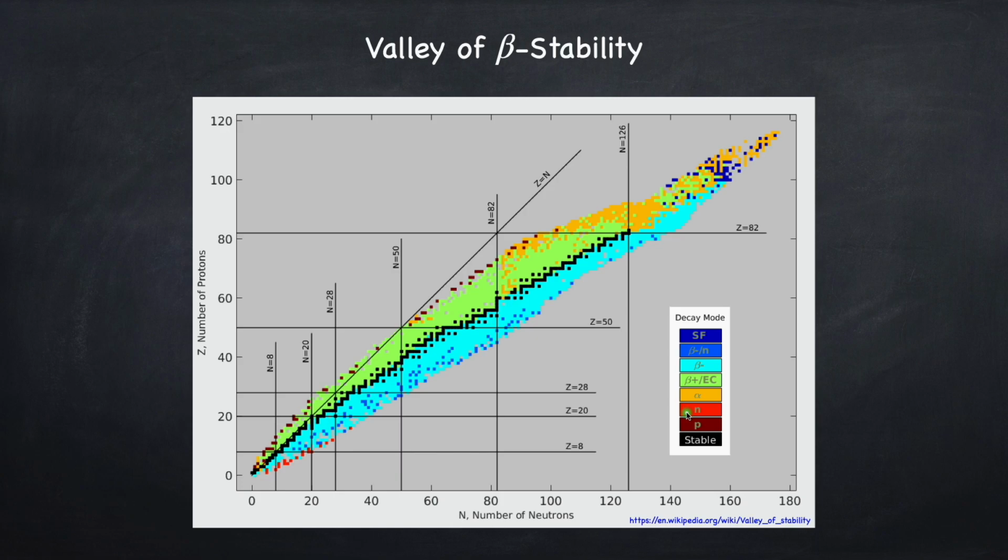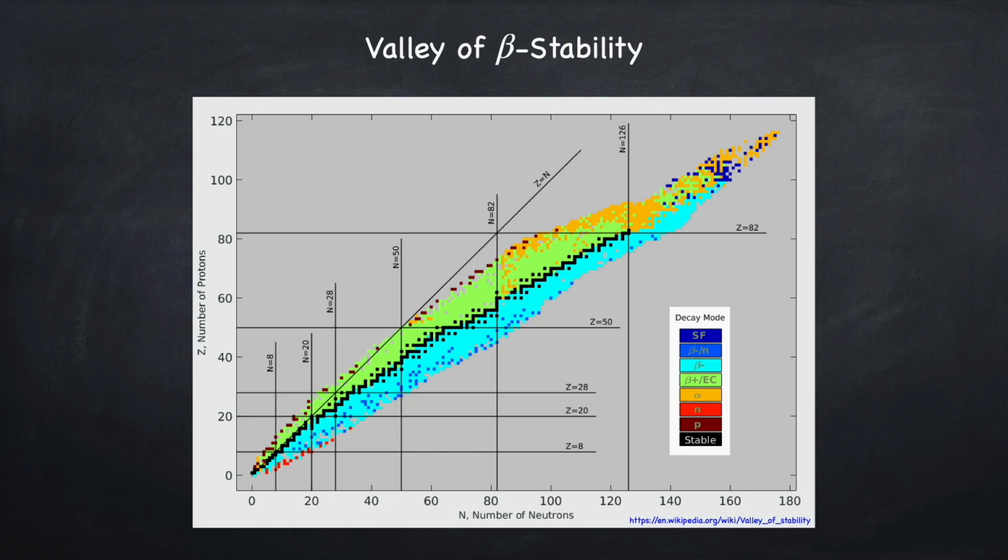Then it turns out that if you're up here for heavier nuclei, and you move off of the valley of beta stability, you start seeing these orange dots. They do show up in a few other places, like here and here, but they're largely concentrated up here towards the heavier nuclei, and these orange dots correspond to alpha emission. And finally, if you have really heavy nuclei, you start seeing these dark blue dots, which correspond to spontaneous fission.